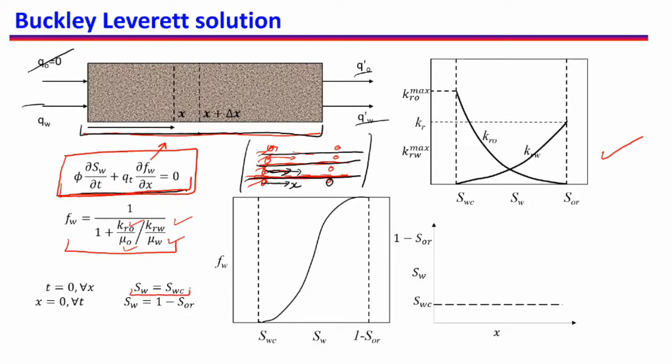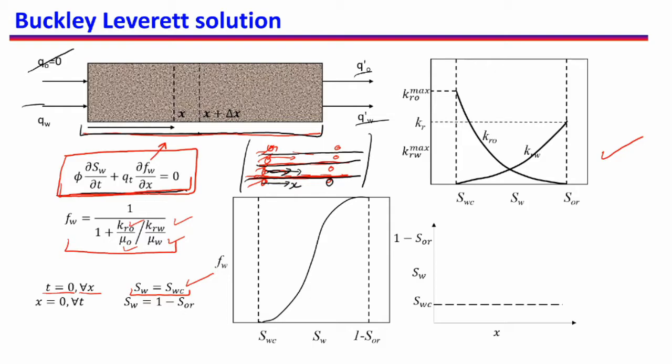We have discussed this in the very initial videos, that at time t equal to 0, when the reservoir is discovered, we have connate water saturation. So that is the saturation we have for all x.